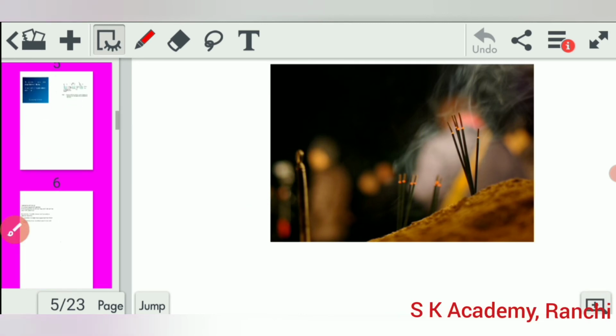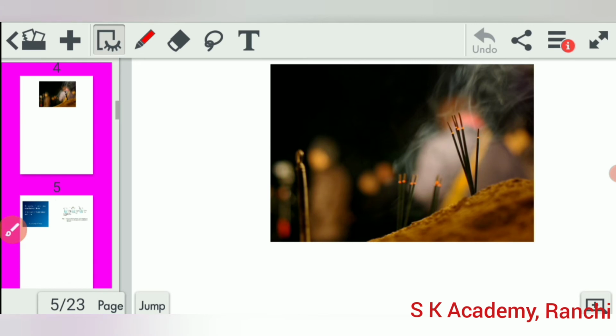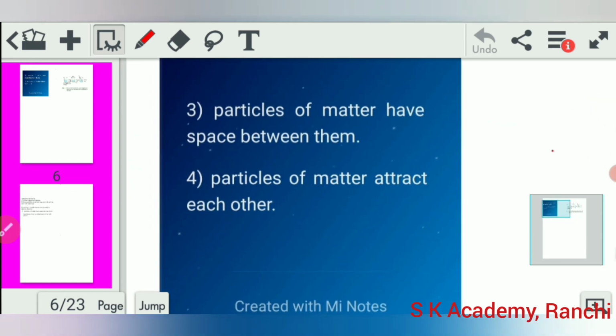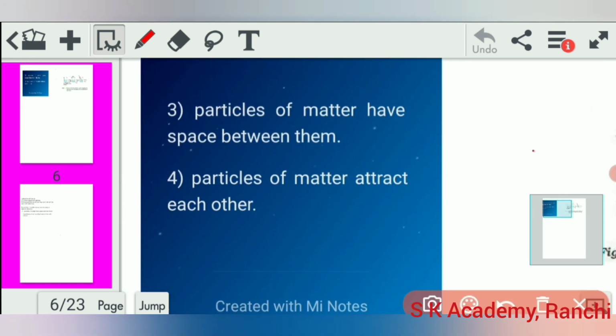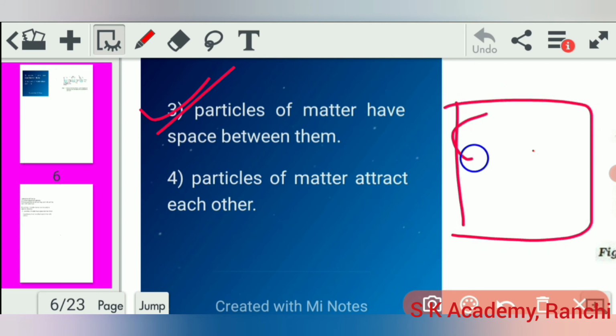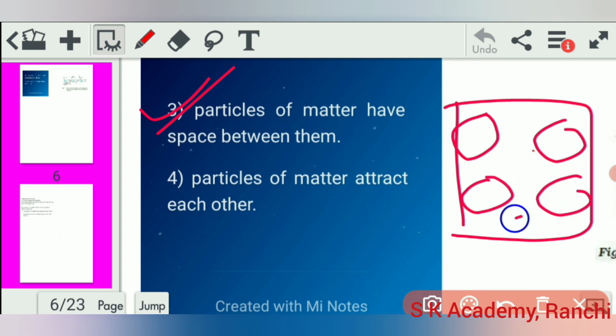Now see the next property. We have the third property of matter. Particles of matter have space between them. Suppose this is a matter and these are the particles inside the matter.